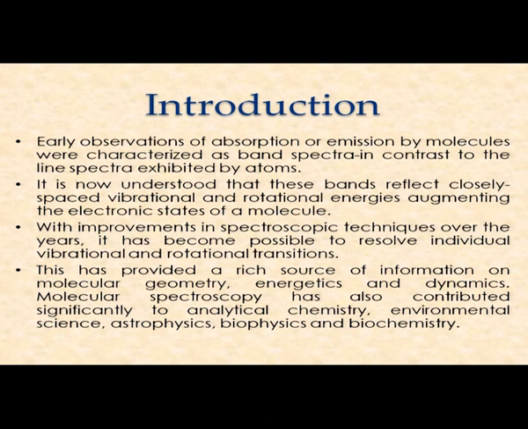With improvements in spectroscopic techniques over the years, it has become possible to resolve individual vibrational and rotational transitions, because individual vibrational and rotational transitions are comprised of many sharp lines spaced together.